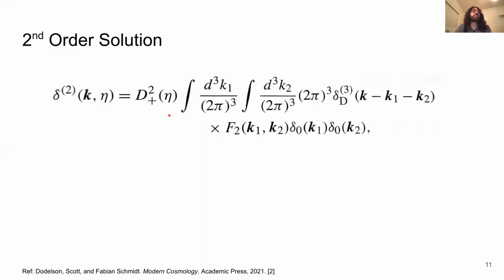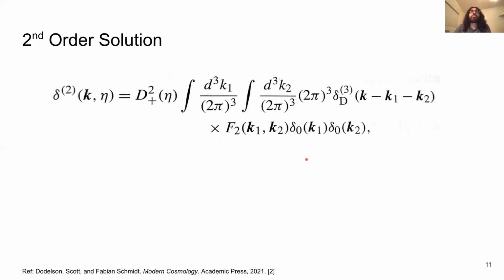So looking at just the second order solution in Fourier space, what that gives us is our first order linear solution, which is our delta 0 times D plus, which is our growth factor. And so remember, delta 0 is just some perturbation at some time, and then you hit it with this growth factor, and that changes it over time.